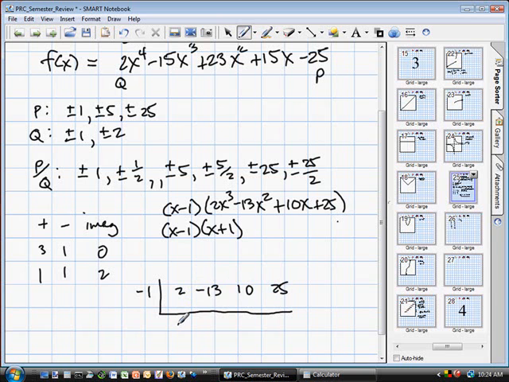Bring down, multiply, add, multiply, add. Yeah, we get a 0, and here's the remaining thing: 2x squared minus 15x plus 25.